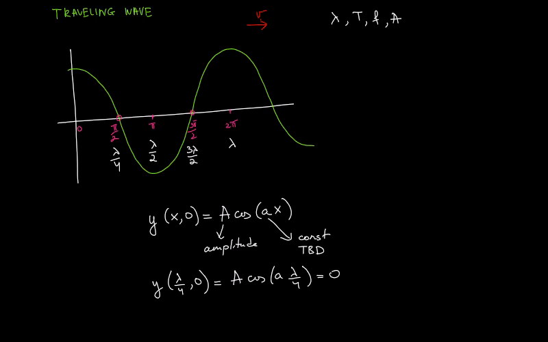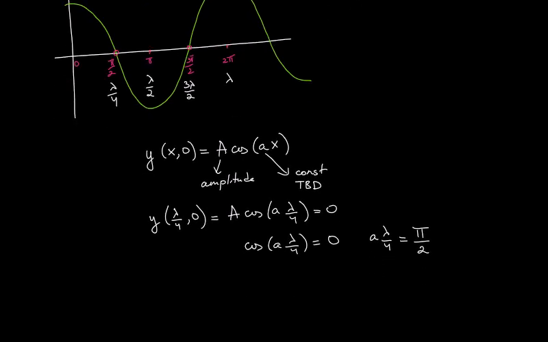This is only possible when cosine of a lambda over 4 equals 0, which means a lambda over 4 equals pi over 2. Then from here, I can solve for a to be 4 pi over 2 lambda, which equals 2 pi over lambda.